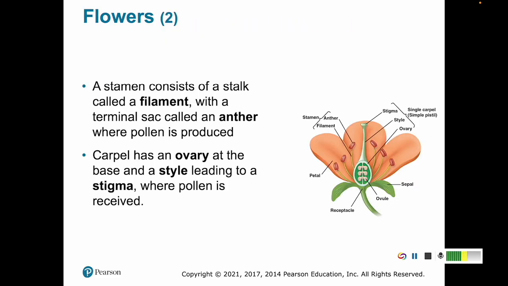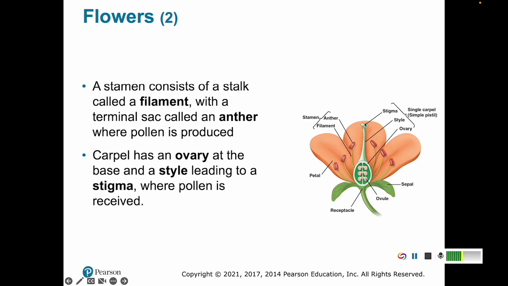Okay, a stamen consists of a stalk called a filament. So each of these little stalks is a filament, and it has a terminal sac called an anther, and it is within the anther where pollen is being produced. The carpel has an ovary at its base and a style that leads to the stigma.